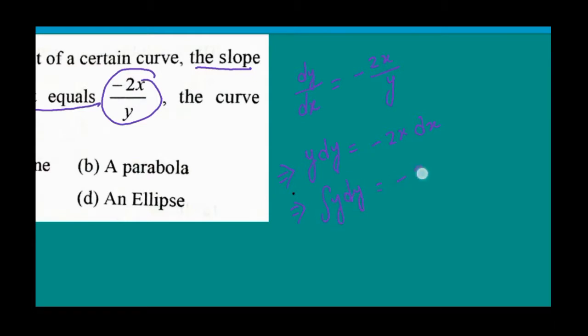y dy is equal to minus 2 times the integration of x dx, and it is coming to be y square by 2 is equal to minus 2 into x square by 2 plus c, and this is coming to be y square by 2 plus x square is equal to c, and this is coming next to be x square by c plus y square by 2c is equal to 1.